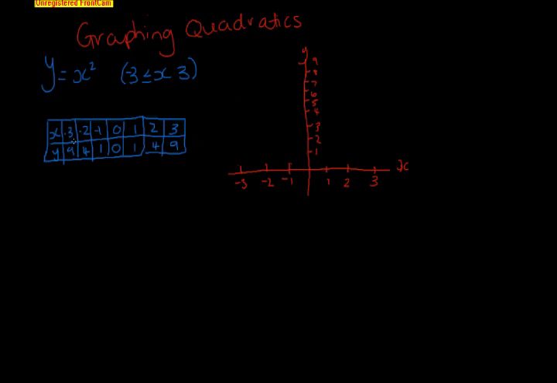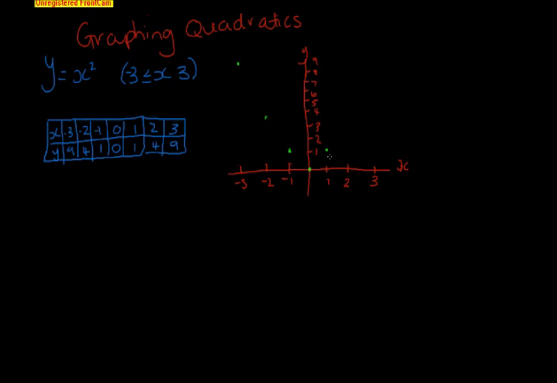At -3 and 9 is a point, so x is -3, y is 9. At -2 and 4, right there. -1 and 1, right there. +1 and 1.